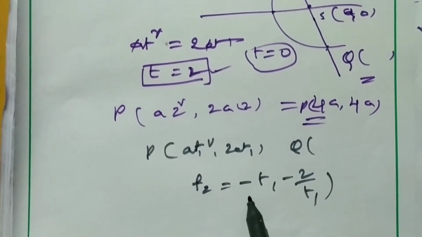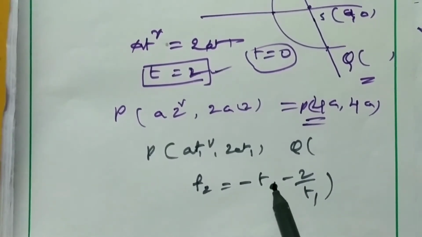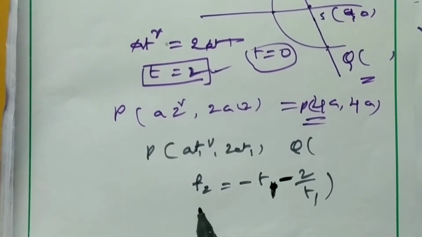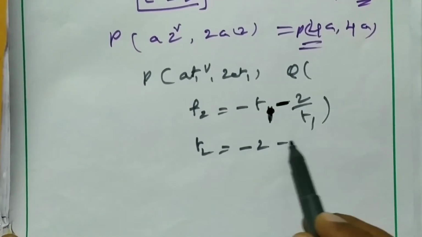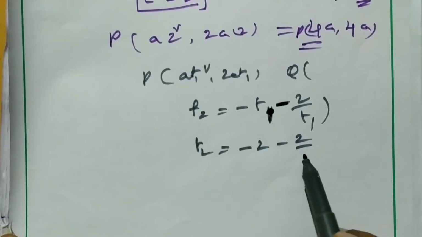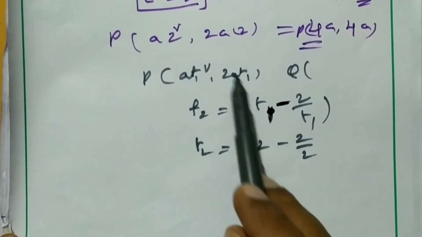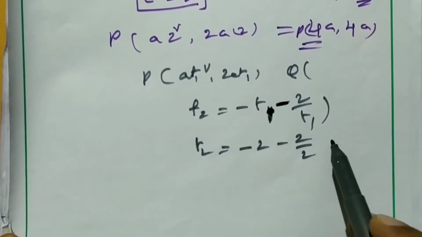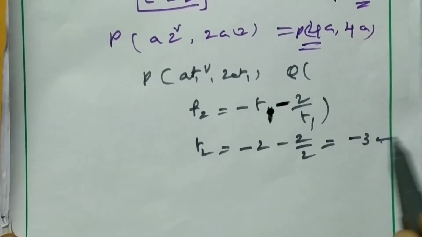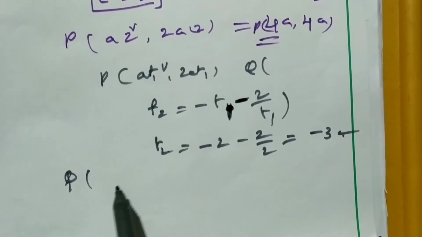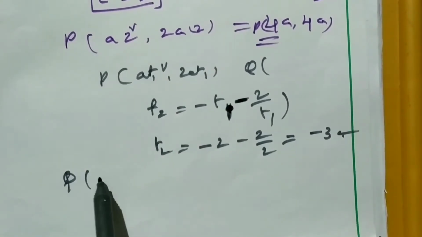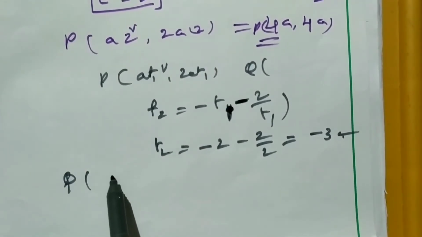So here t2 is minus 2 minus 2 by 2, and t1 is 2, so that is equal to minus 3. It is t2.